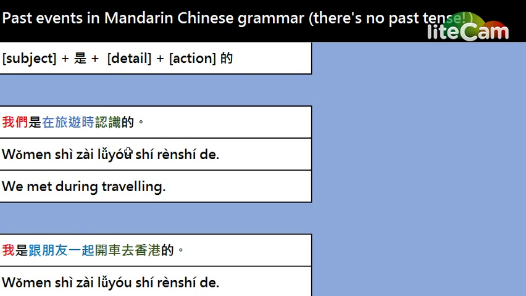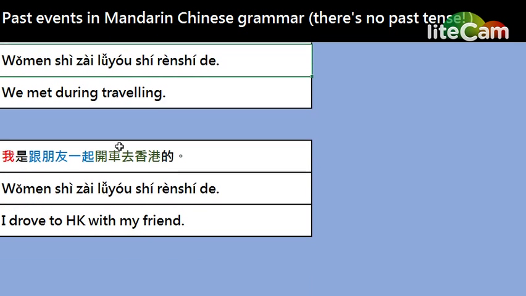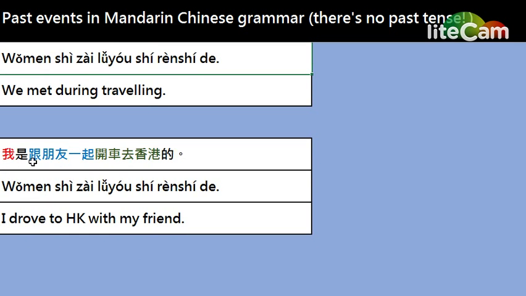It means we met each other during traveling. We emphasize this 在旅游时, emphasizing this detail of the action. Our second example: 我是跟朋友一起开车去香港的.